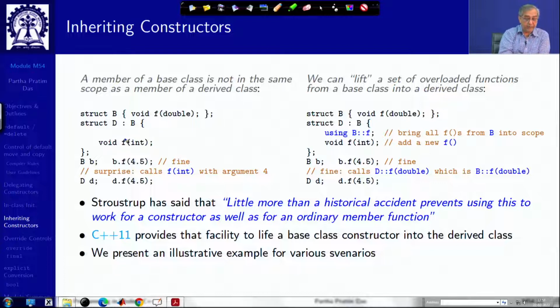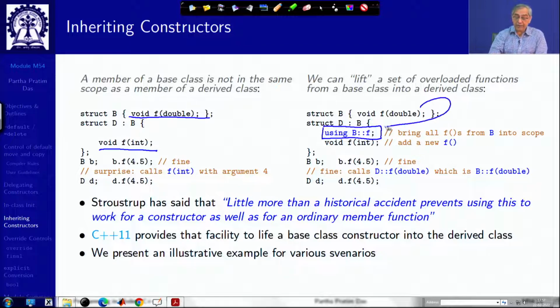So here you have f of double, and the moment you define f of int in the derived class, then f of double is also hidden. We know that by using B::f we can make the member function of the base available here as well, right? That is inheriting explicitly from the base without being hidden. So now D has 2 f functions.